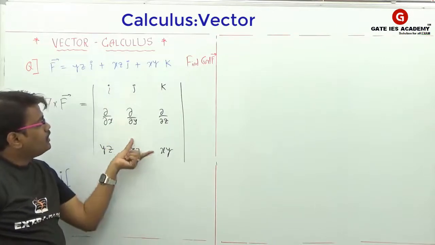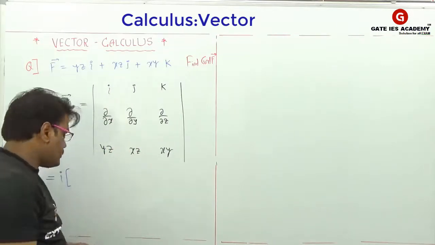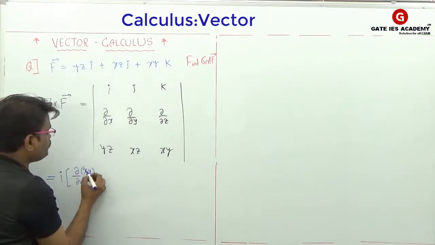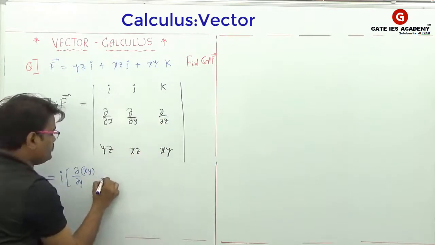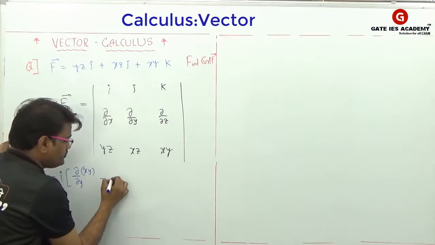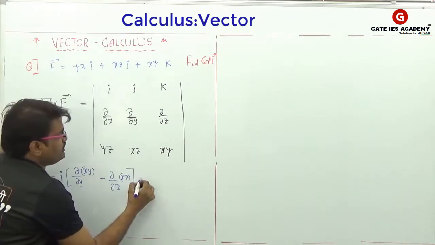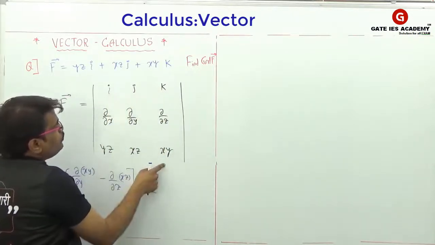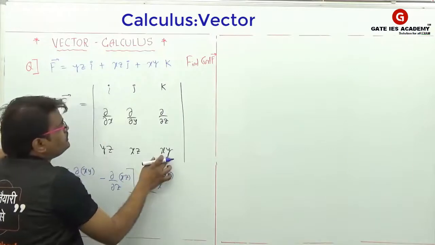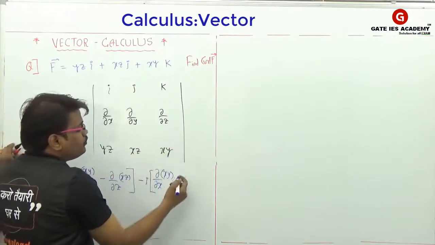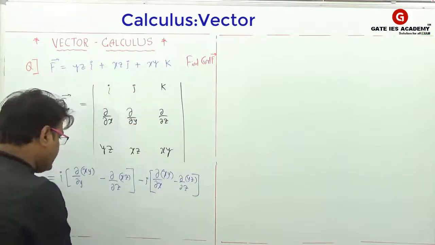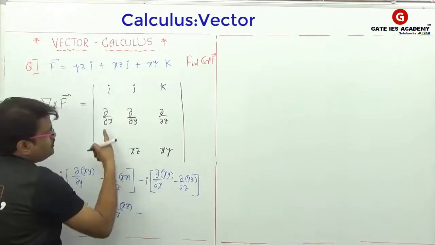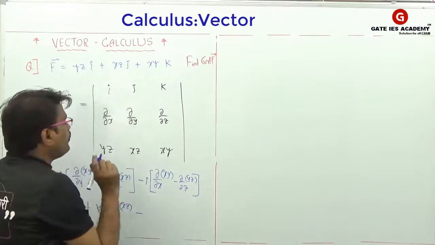What remains? i into ∂/∂y of xy minus ∂/∂z of xz, minus j into, now what remains? ∂/∂x of xy minus ∂/∂z of yz, then plus k into ∂/∂x of xz minus ∂/∂y of yz.